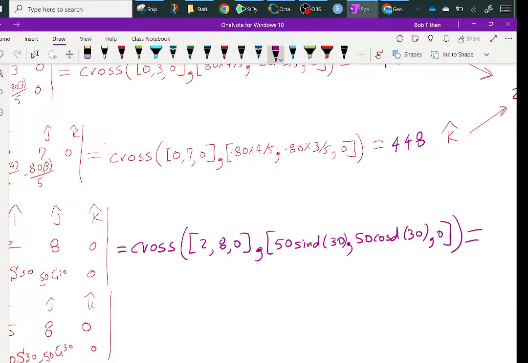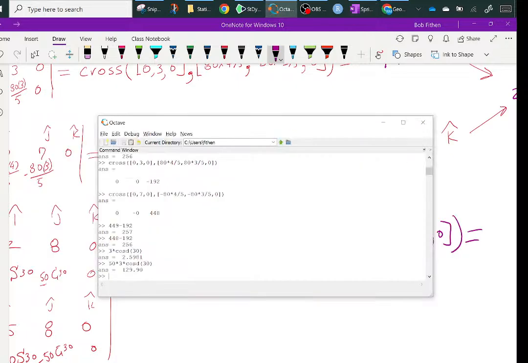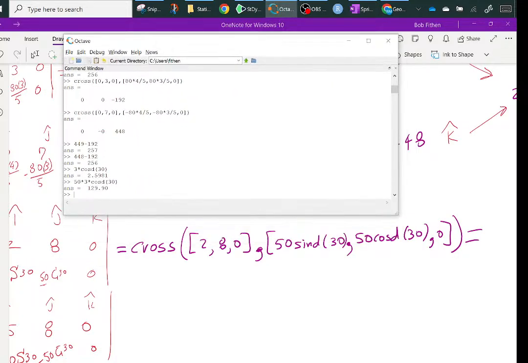And what does that equal to? Let's see. Go back to the cross so I find the cross. Okay, I'll just copy those numbers out. 2 and 8. That'd be funny to see what that does. That's not going to do.